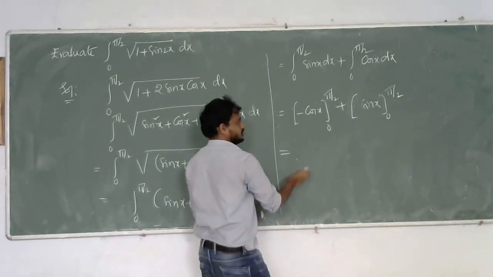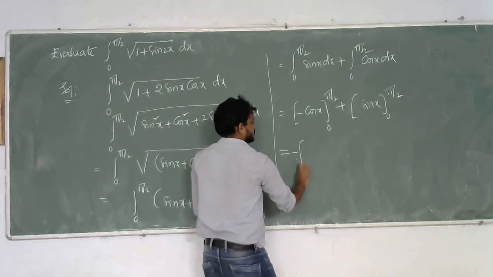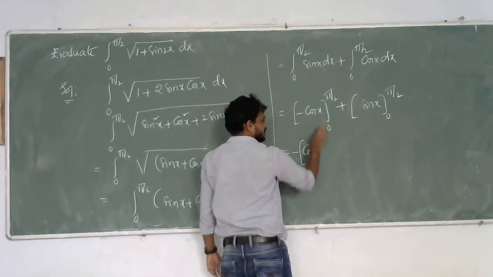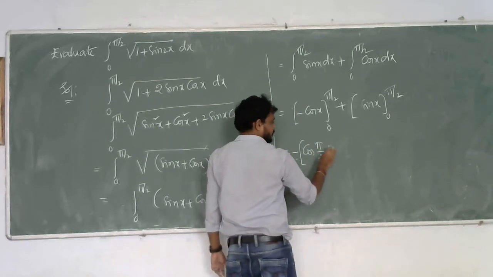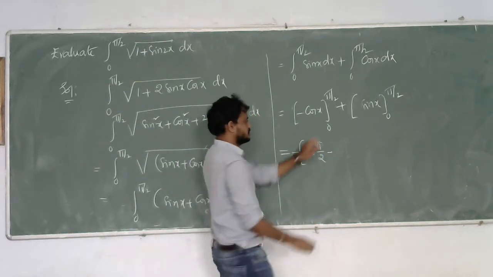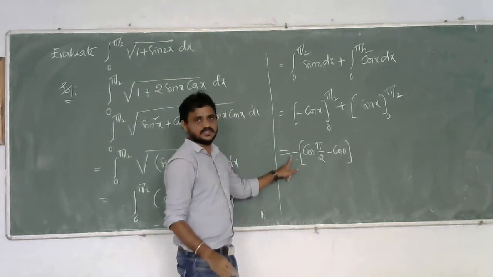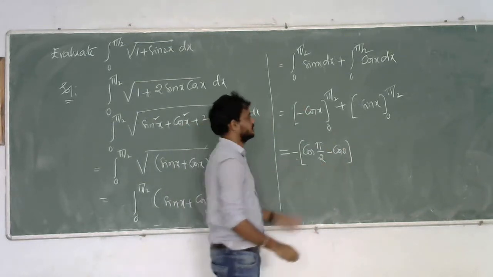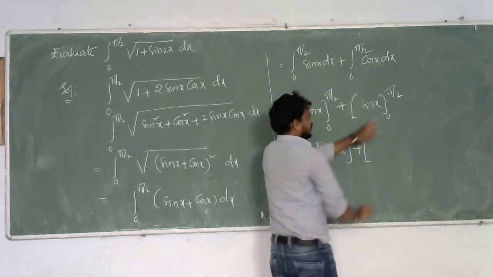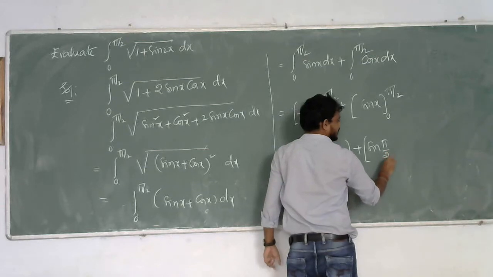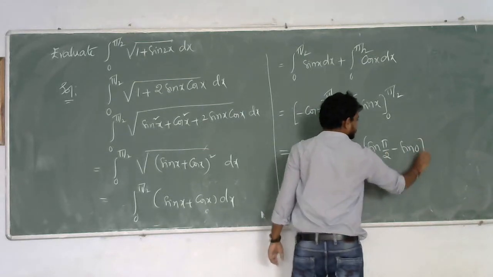Now apply the limits. Write this minus outside. Upper limit is pi by 2 in place of x, so cos pi by 2 minus the lower limit 0, so cos 0. We are writing the minus outside first, then applying the integration. Next, plus the upper limit pi by 2, so you get sin pi by 2 minus the lower limit, sin 0.